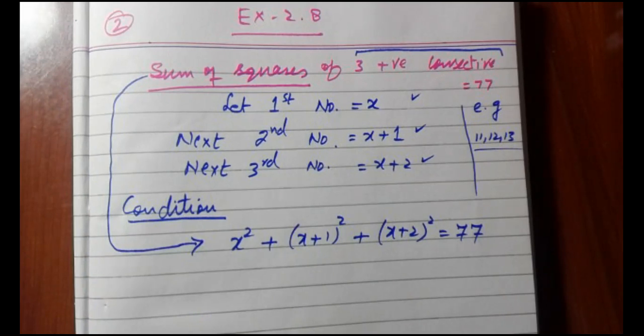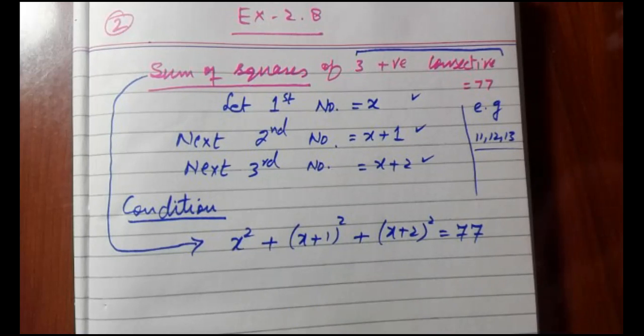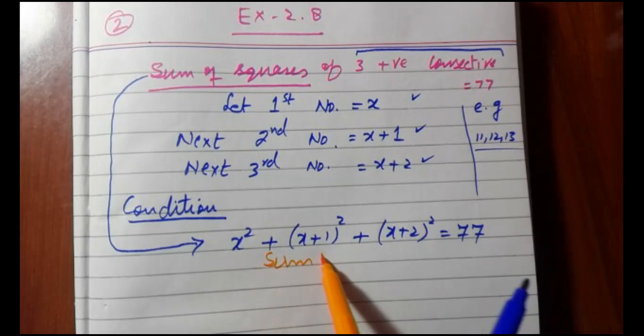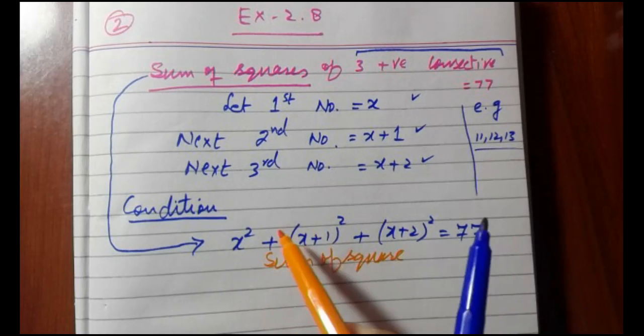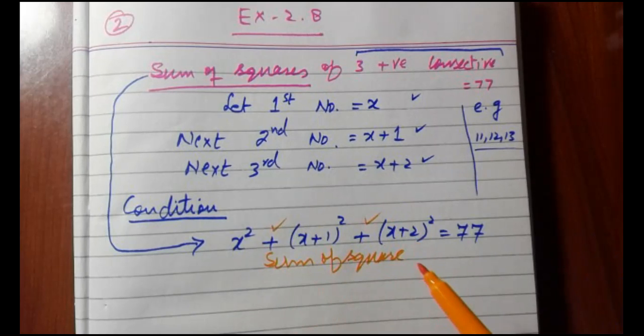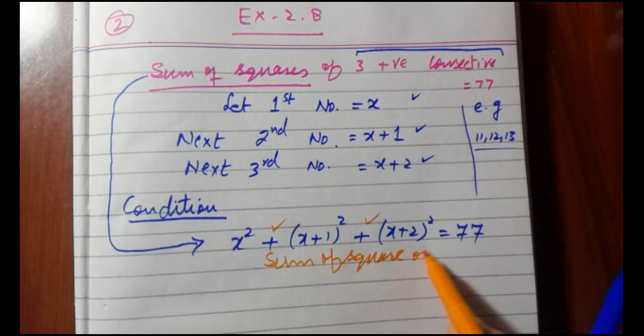So we first assumed three numbers, took their squares, and then summed them. This is called sum of squares, sum is the plus sign, and squares, sum of squares of three numbers.